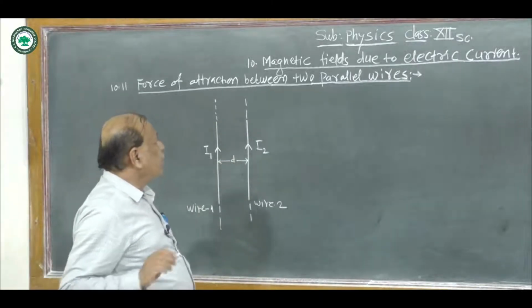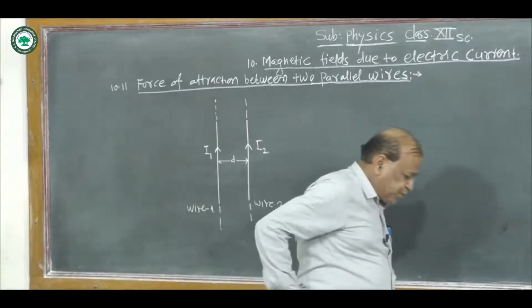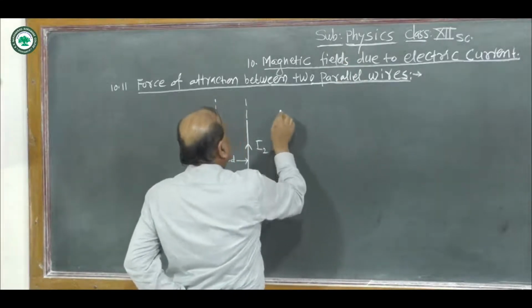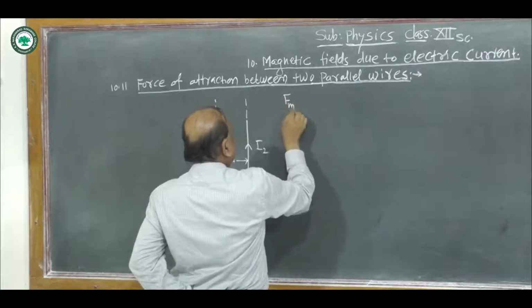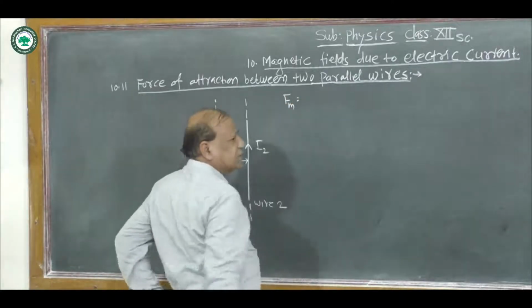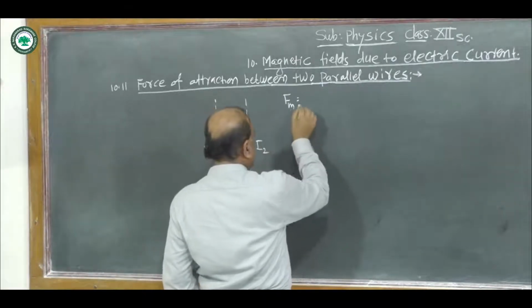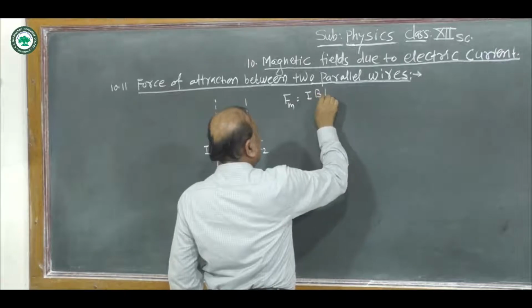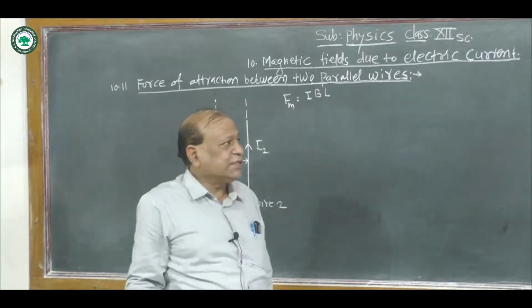Now first, know what is the force produced by magnetic field. The general equation of force produced by magnetic field is IBL sin theta.